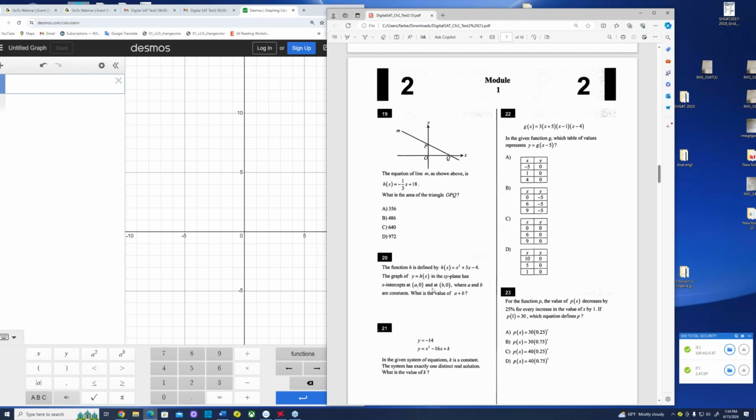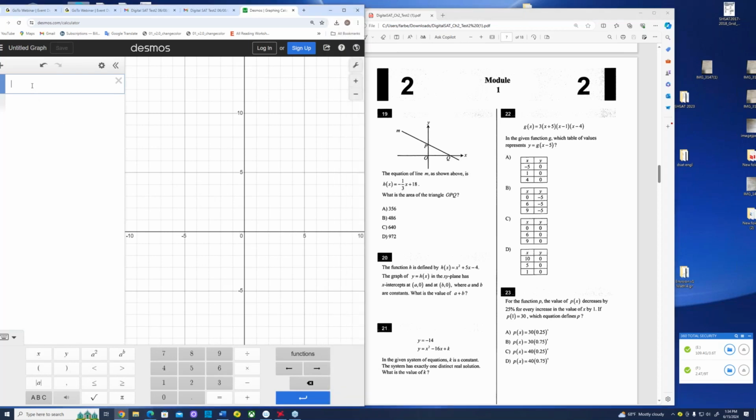And they have points of intersection, right? So just type it. Not negative: x squared plus 5x minus 4.